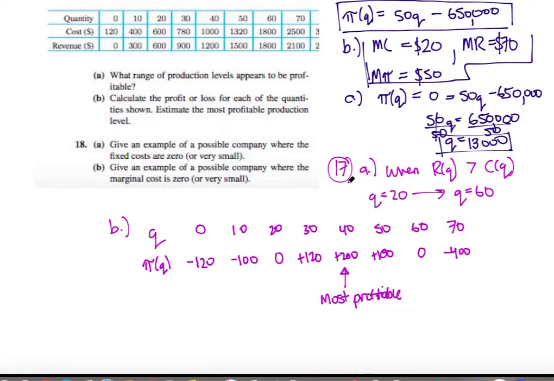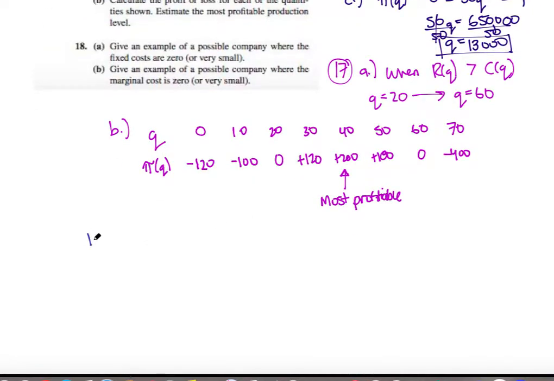Now, we have one more question, which is 18. And it says, give an example of a possible company where the fixed costs are 0 or something that's very small. So you can really come up with anything here. If you have a question about whether or not your company has a fixed cost of 0, please let me know. Another question here is, when are marginal costs 0?